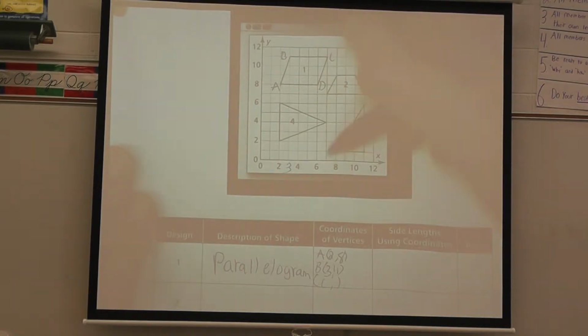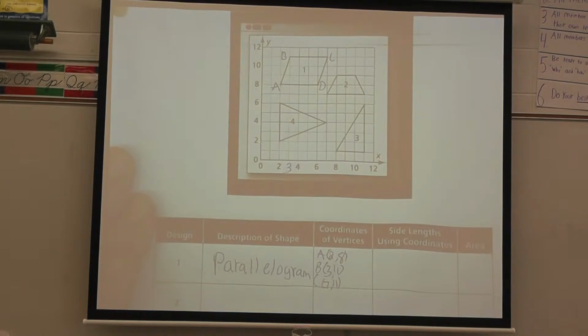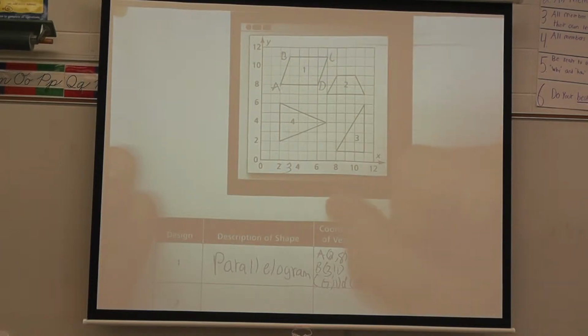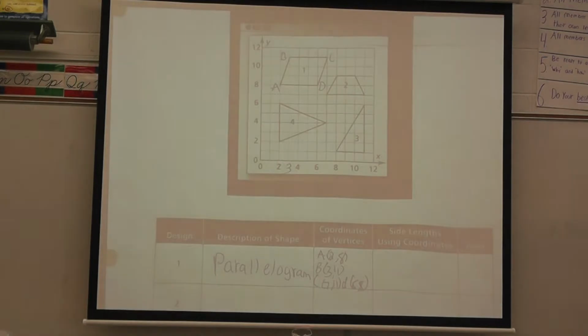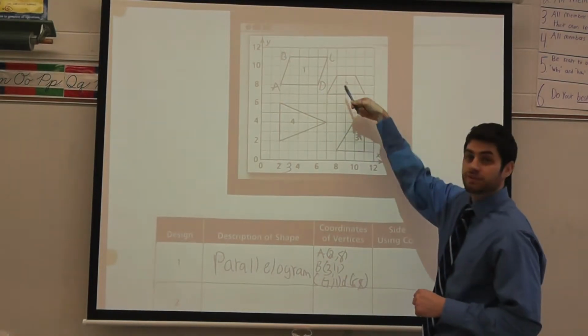Vertex C is at (7, 11). And then lastly, D. I'm going to try and jam D in here. When I look at vertex D, I notice that it's at 6, and it is 8 across. So it's (6, 8).